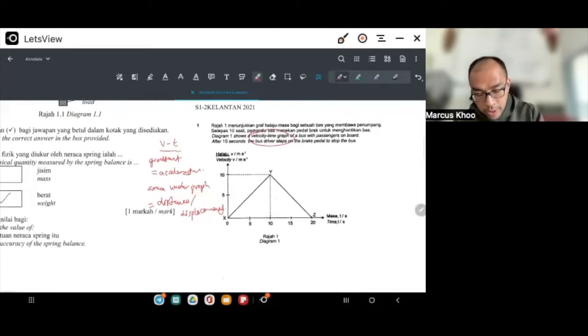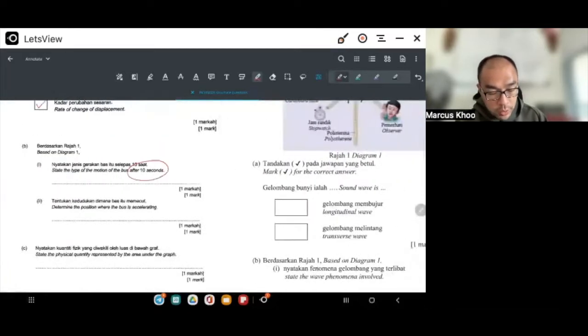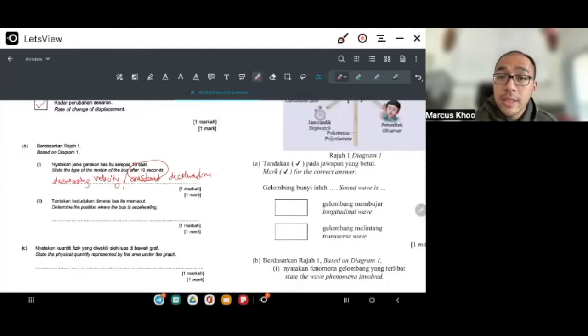That means we are talking about this section after 10 seconds. We notice that the velocity is decreasing, so you can say decreasing velocity, or constant deceleration.